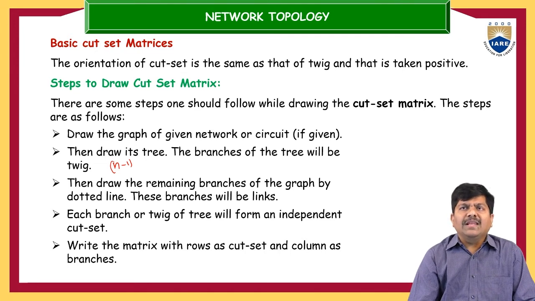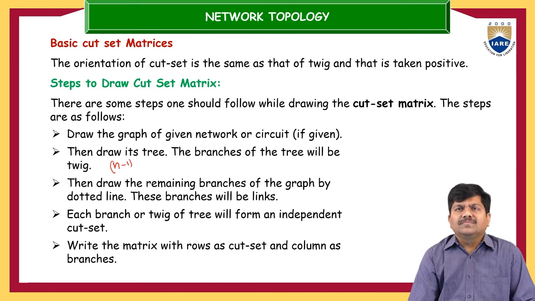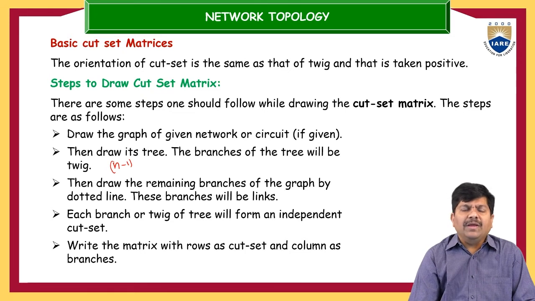Then draw the remaining branches of the graph by dotted lines. These branches will be links. Now we know how to draw the twigs and we know how to draw the links also. The twigs of a tree will form independent basic cut sets, and we know the procedure also. Let me take one example.